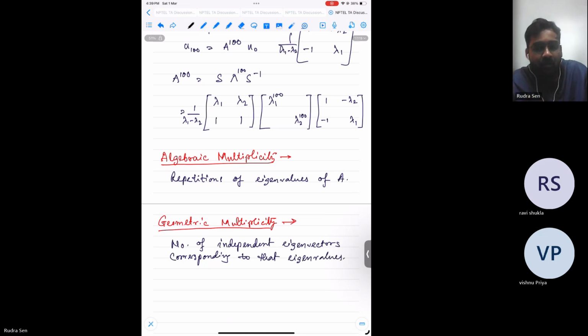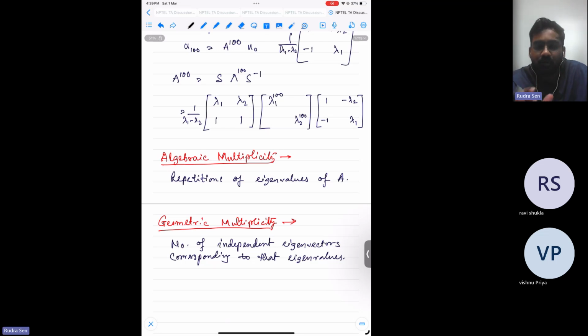Okay. So let's say for a 3 cross 3 matrix, you are about to get 3 eigenvalues, right? Definitely these 3 eigenvalues are similar, like all 3 eigenvalues are 1, let's say. That means the algebraic multiplicity of the eigenvalue lambda of matrix A is basically 3, right?